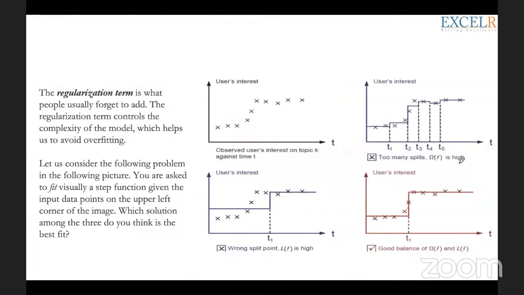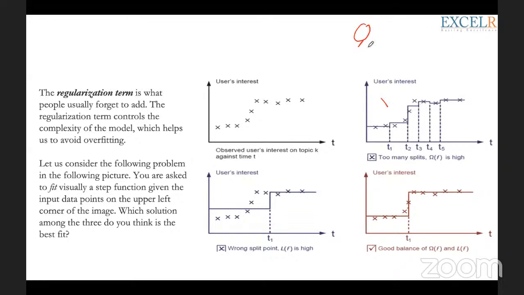So coming to the regularization term. This is my data set. Okay. So this is observed data, that means real data. When you build a model which is a very highly complex model, you see the number of splits are very high, too many splits.